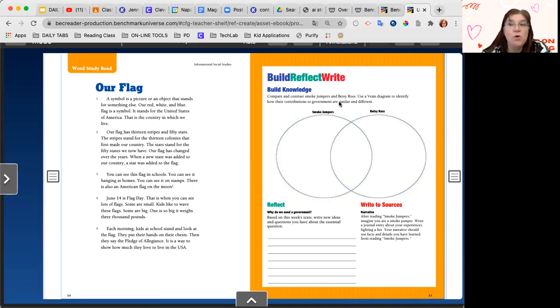It would incorporate a lot of our leadership qualities, our leadership habits. So they would have to figure out a way to think win-win as they decide, together as a group, what they want for that flag, what symbols.